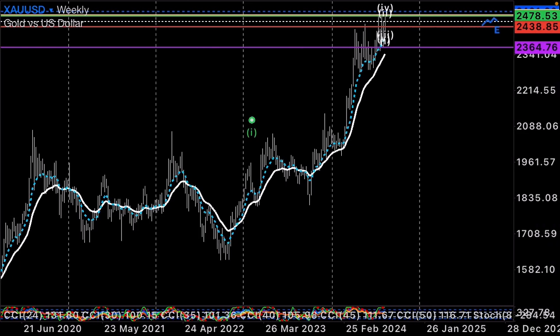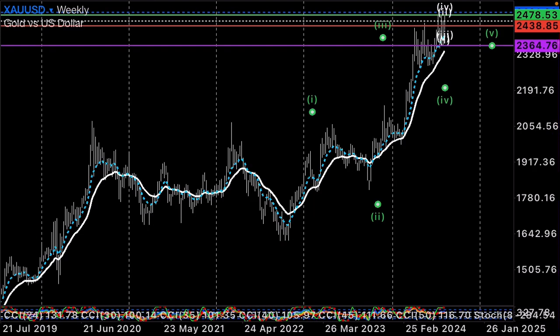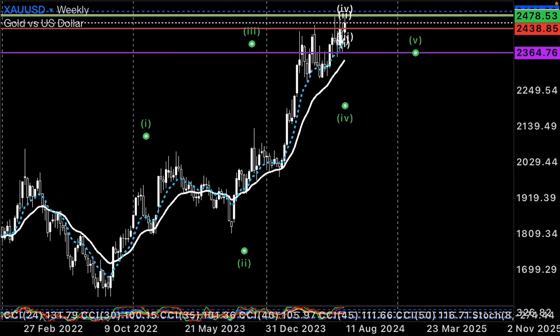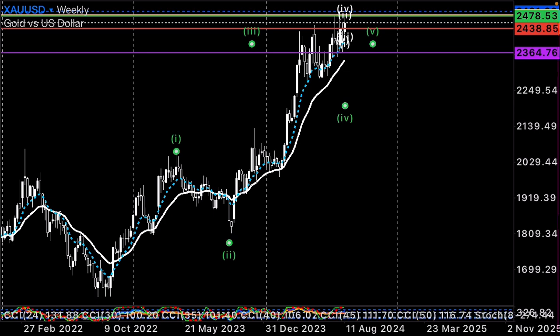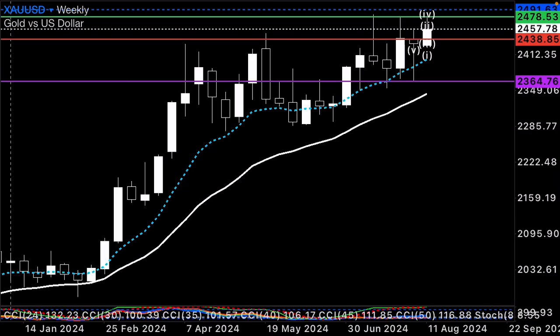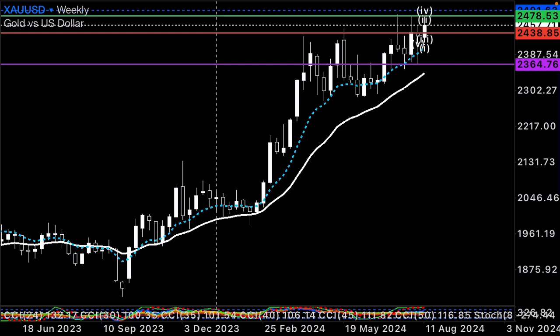So we got 1, 2, 3, 4, and then a 5 sitting up high there. Don't have to get too close with those things. And that's what it's looking like. So it looks like gold could come down, or it could just break and go higher. That'd be a 5 wave up there.